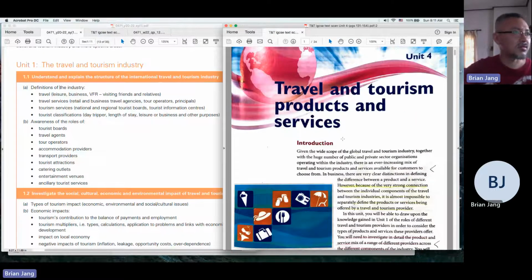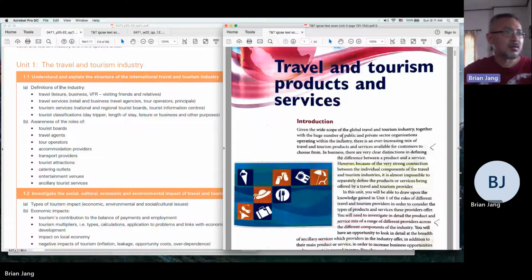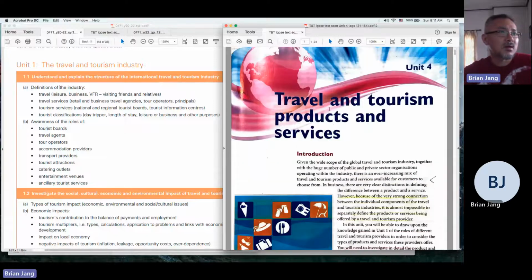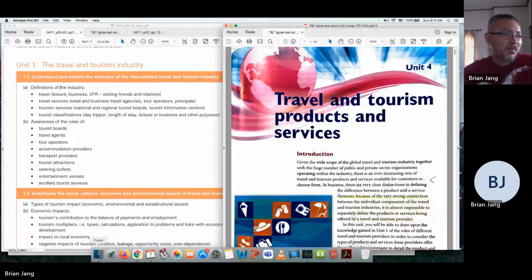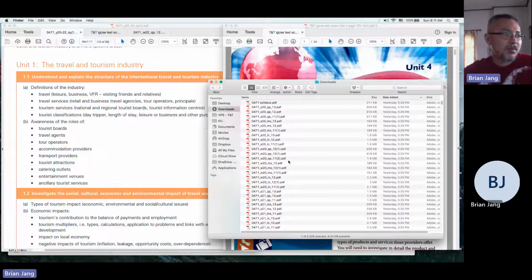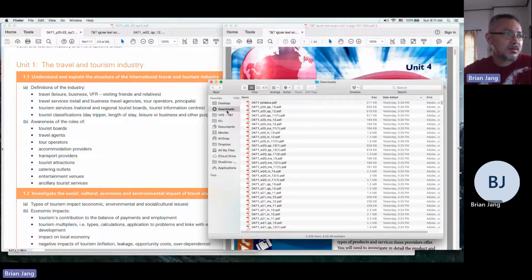So let's see. This looks a little different from the book. No. Okay, so travel and tourism products and services. Oh, because I'm in unit 4, that's why. Okay, make sure you have the right pages open. So even on Teams, I put in scans of your book, right?